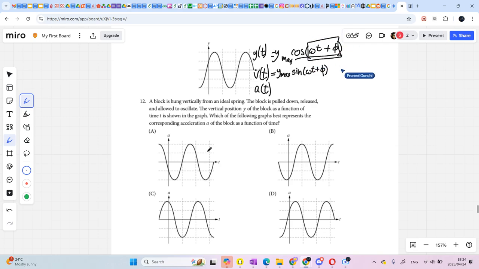The derivative of this inside part with respect to time, phi is a constant, so that'll just disappear, and so we just get omega.